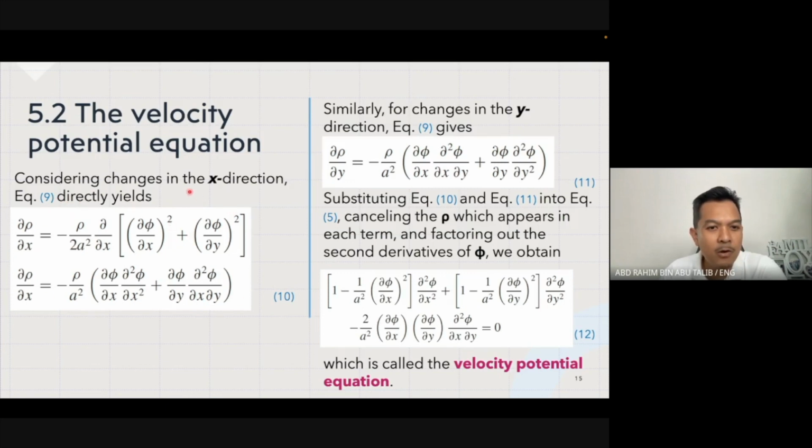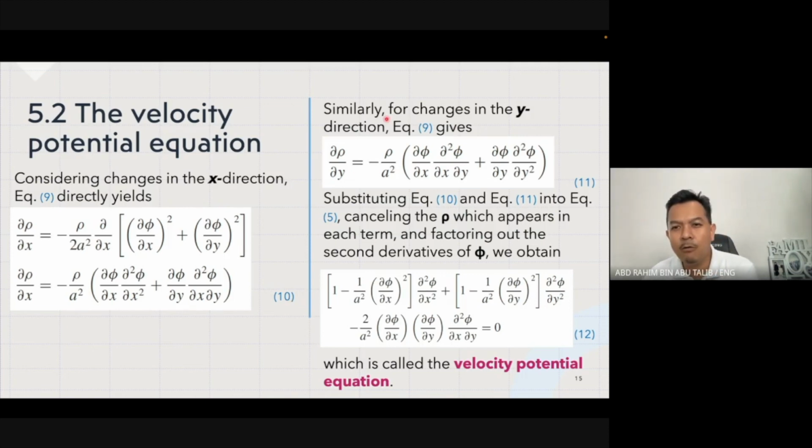So we want to consider changes in the X direction. That leads us to this expression of small changes in the density over small changes in the X direction, in terms of density and the speed of sound squared with this component. So we name it as equation 10.